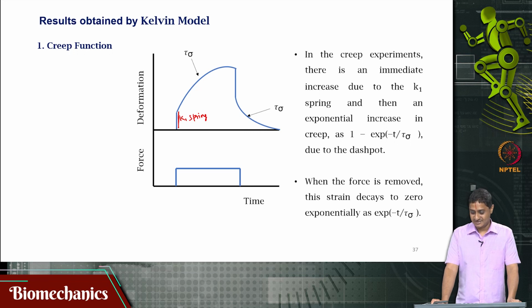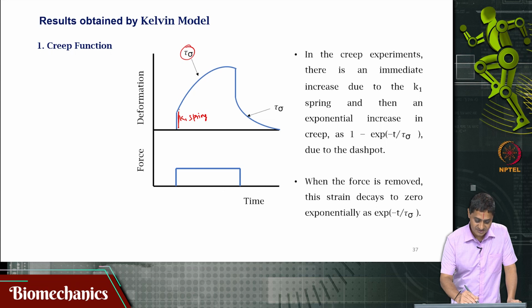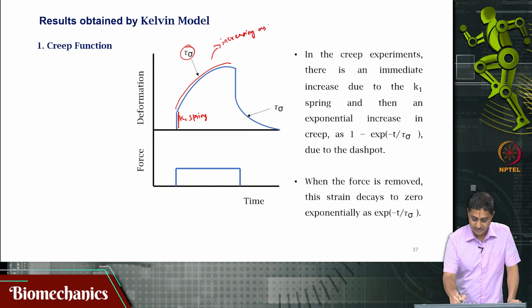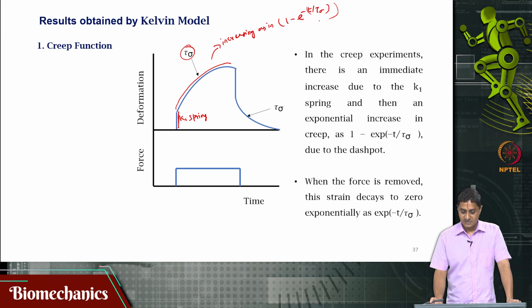Tau sigma, is it not? This is increasing as in 1 minus e power minus t by tau sigma. Why is this happening? Due to dash part.